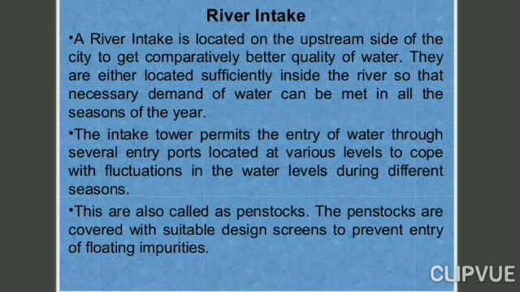The intake tower permits the entry of water through several entry ports located at various levels to cope with fluctuation in the water levels during different seasons. These are also called penstocks. The penstocks are covered with suitable designed screens to prevent entry of floating impurities.